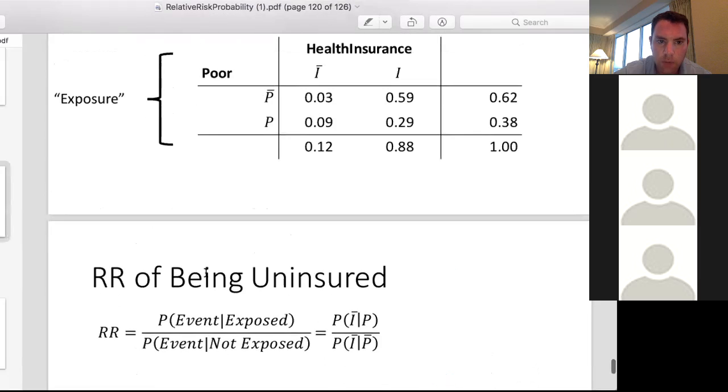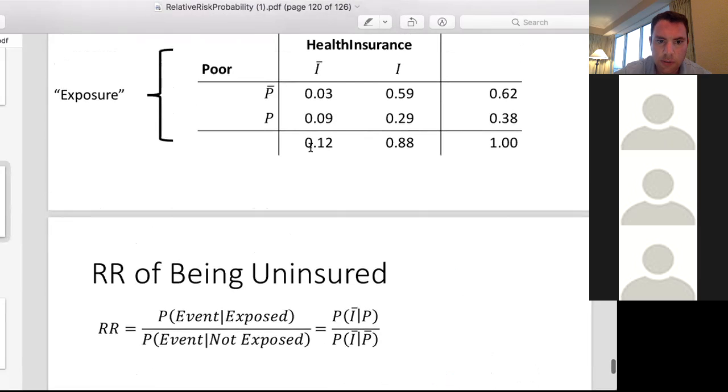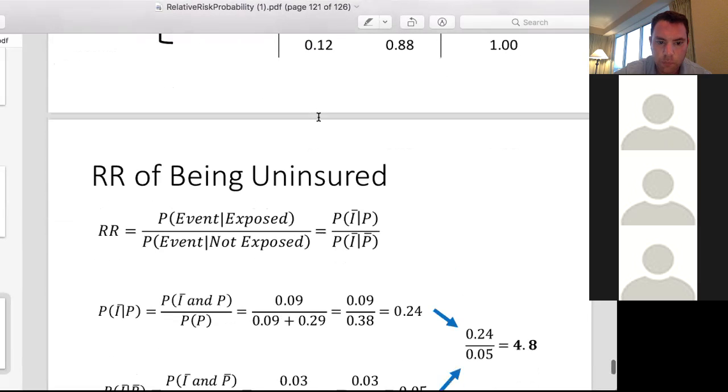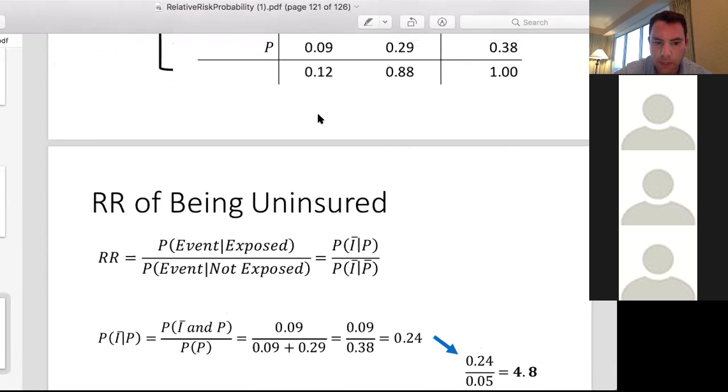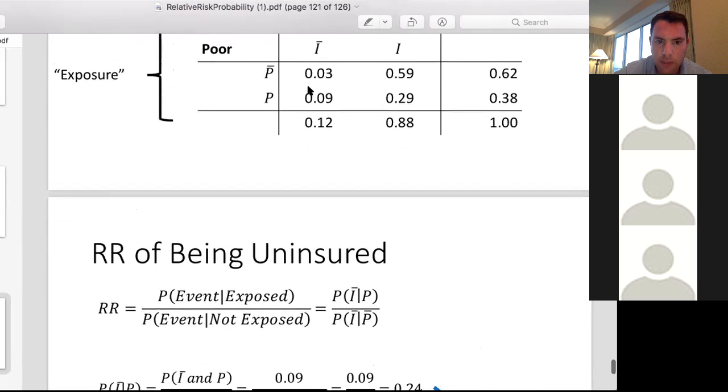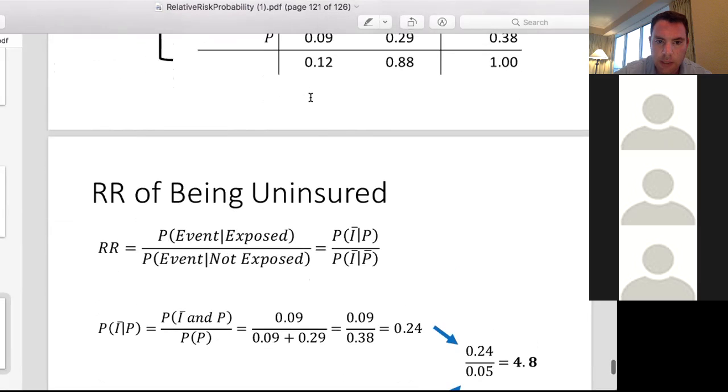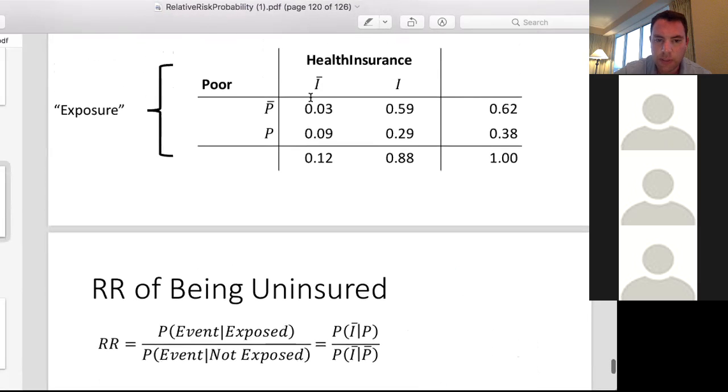We said the probability of not having insurance and being poor is 0.09, which is 9%. Right, so that's going to be your numerator. The denominator is the probability of being poor. This is the unconditional probability of being poor, which we see here is this marginal total. This is the marginal probability, which is your unconditional probability.